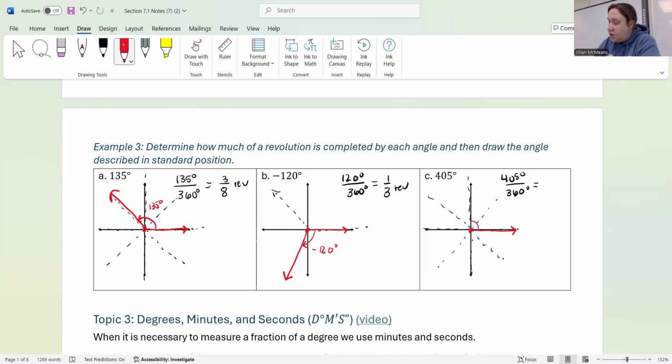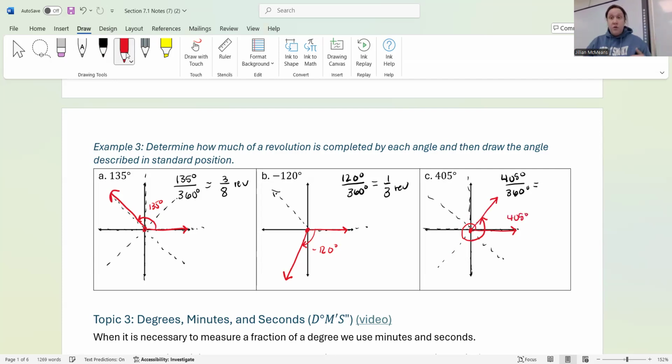We're going to go 1, 2, 3, 4, 5, 6, 7, 8, and then 9. And that puts us right here. So this is 405 degrees.